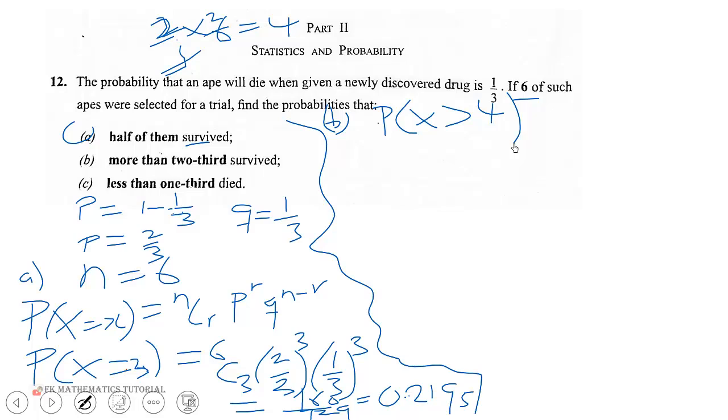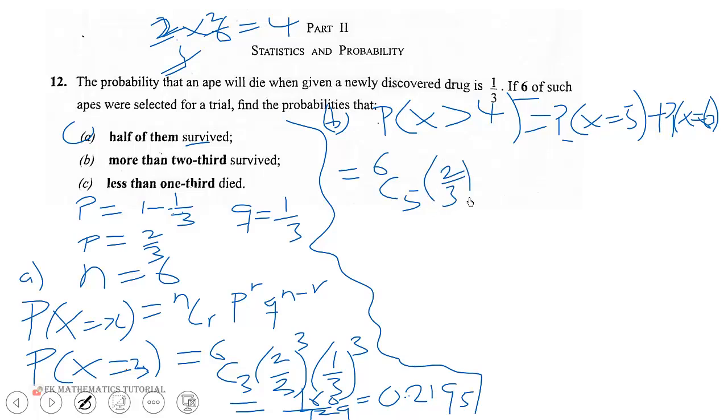So we have X equal to 5, or probability of X is equal to 6. So this will be equal to 6 combination 5 for this one. Then we have p, which is 2 over 3 exponent 5 times 1 over 3 exponent 1, because 6 minus 5 is 1.